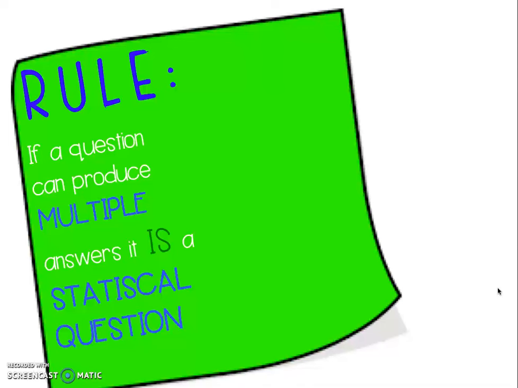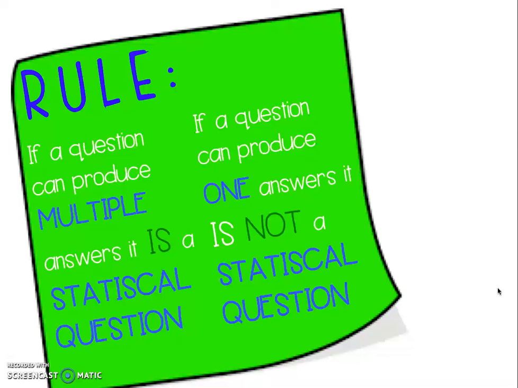If I can ask a question and get a variety of responses, or multiple answers, then it is statistical. On the other hand, non-statistical questions: if a question can only produce one answer, then it's not a statistical question. So it is statistical if it can produce multiple answers, not statistical if it doesn't produce multiple answers.